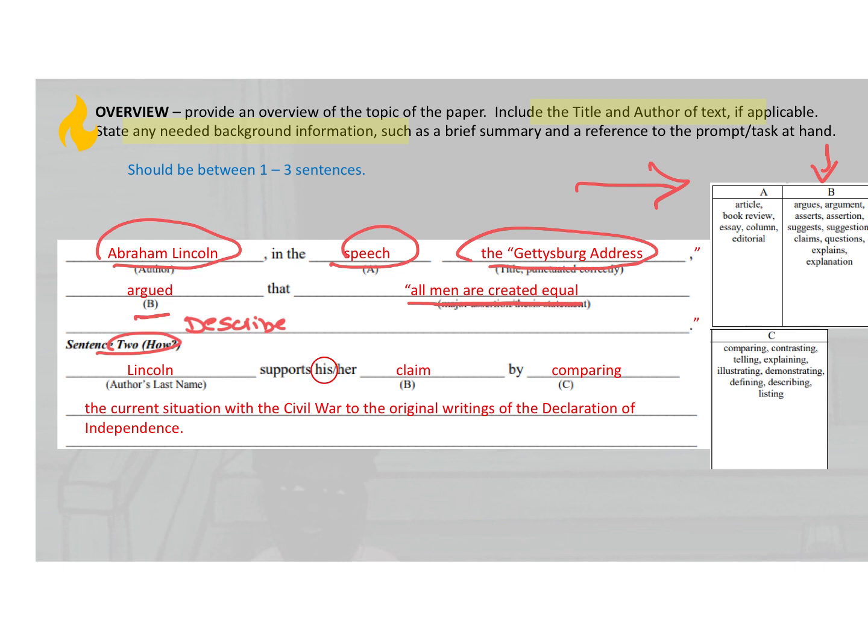I don't want to put your name. So Lincoln supports his claim, B, there are your words for B, by, there's C, choose from there, by comparing the current situation with the Civil War to the original writings of the Declaration of Independence. So that is a thesis.